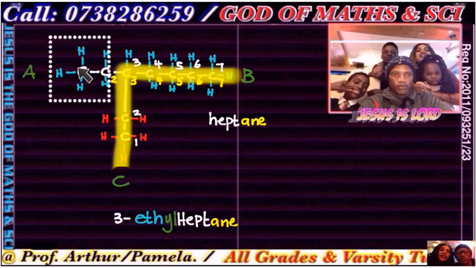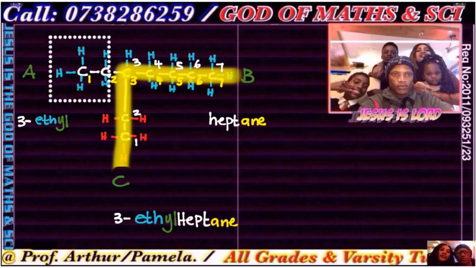The branch here has 2 carbons. Can you see it's 1, 2? So 2 is eth. But since it's a branch, you're going to end it with YL. The address where it's attached is carbon number 3. So we're going to put 3 dash.